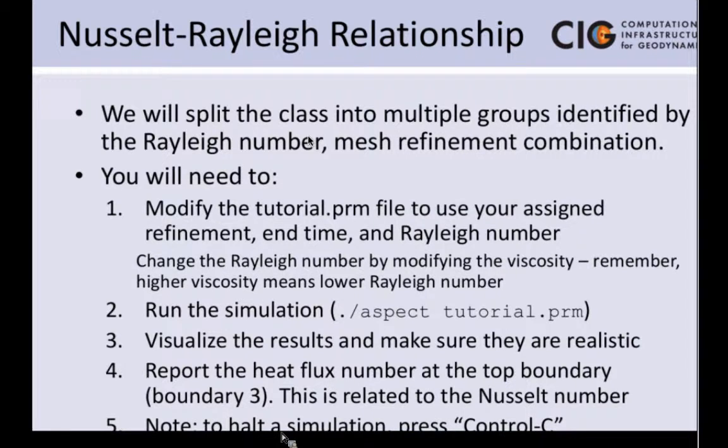What you need to change is the viscosity, so that we have a specific Rayleigh number, and we computed those already for you. Then you run the computation, and you should also change the end time to what we suggest. And then we'll collect the numbers that we have. Okay? And as I said, the Nusselt number is the boundary 3.